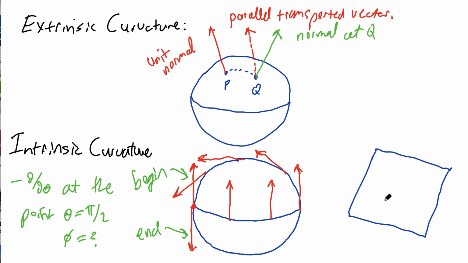Here's the Euclidean plane. Here's a loop. So we take a vector and parallel transport it around the loop. And when we return to the original point, we'll find that the ending vector coincides with the beginning vector.